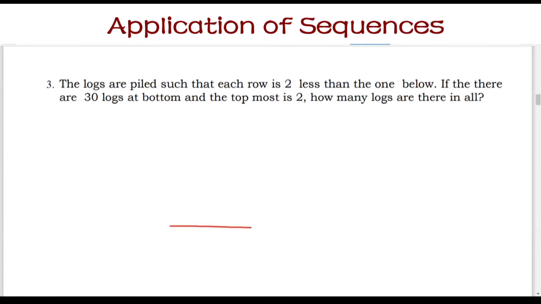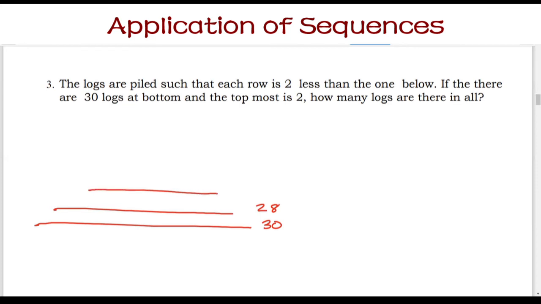Parang dito sa bottom row, merong 30 logs. Yung sunod na row, 2 less than 30. So, ibig sabihin, merong 28 logs. And so on. Magkukontinue ang pattern na ito hanggang makarating doon sa topmost part. Ilan ang meron dito? Meron na lang 2 logs.